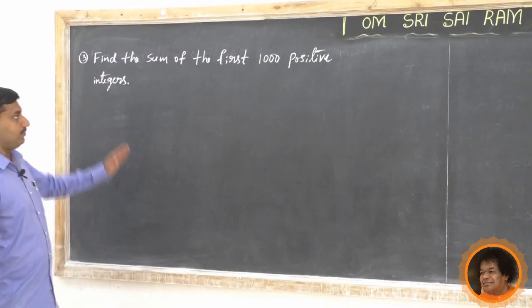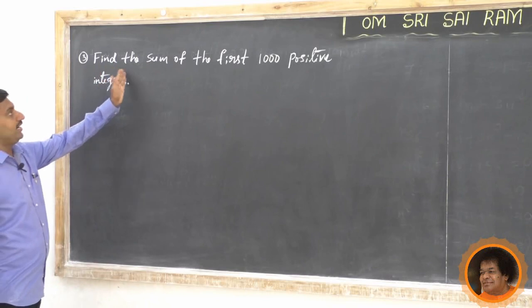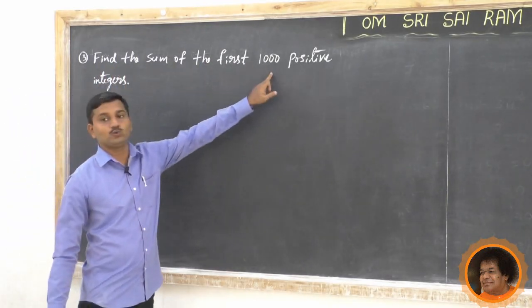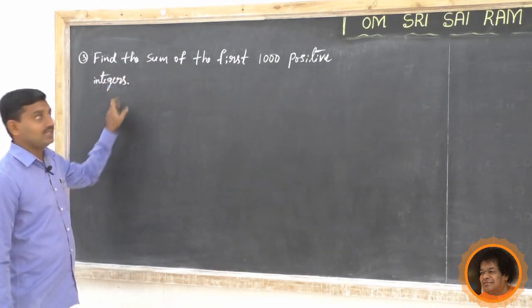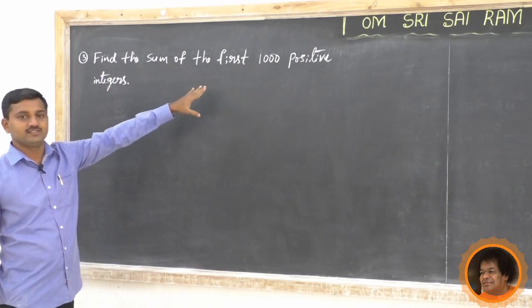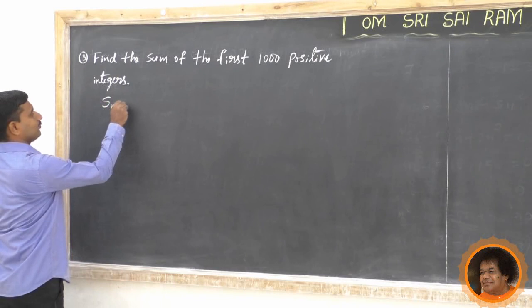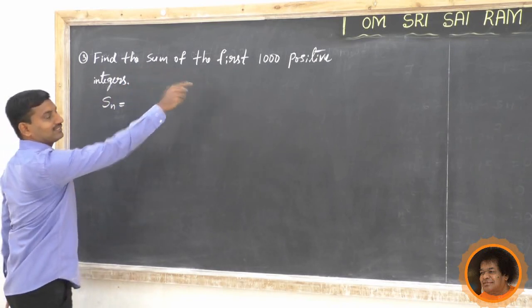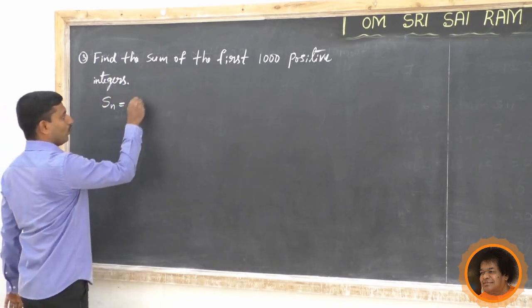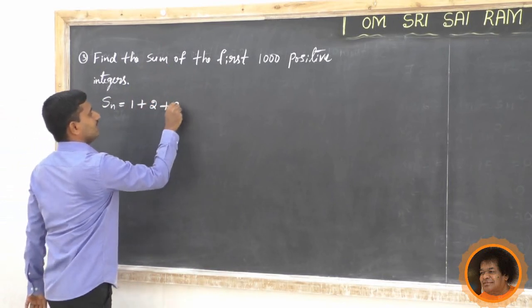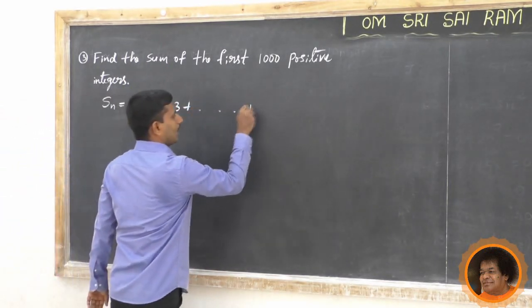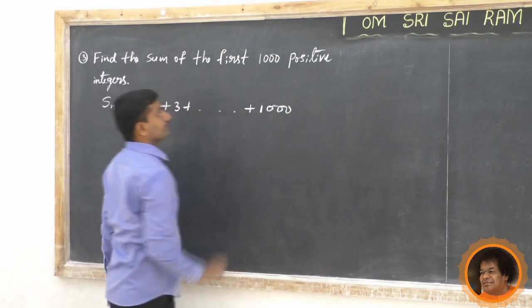Okay, next we pass on to the next example. Find the sum of the first 1000 positive integers. First write the list of numbers: Sn equal to 1 plus 2 plus 3 plus so on up to 1000.